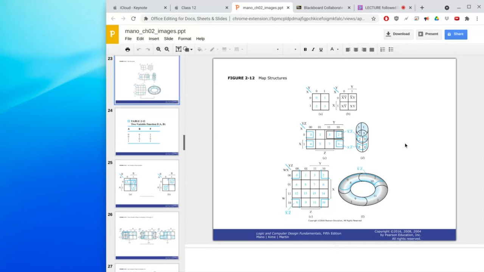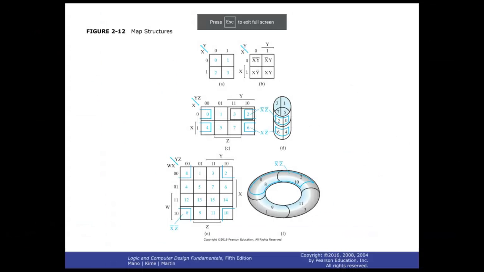You don't need to look at the specifics, but let's look at the shapes here. We'll look at the specifics of the slide a little later today. If we look at this K-map in the middle, it's a K-map for 3 variables, X, Y, Z. That's very much like what we looked at just a minute ago.